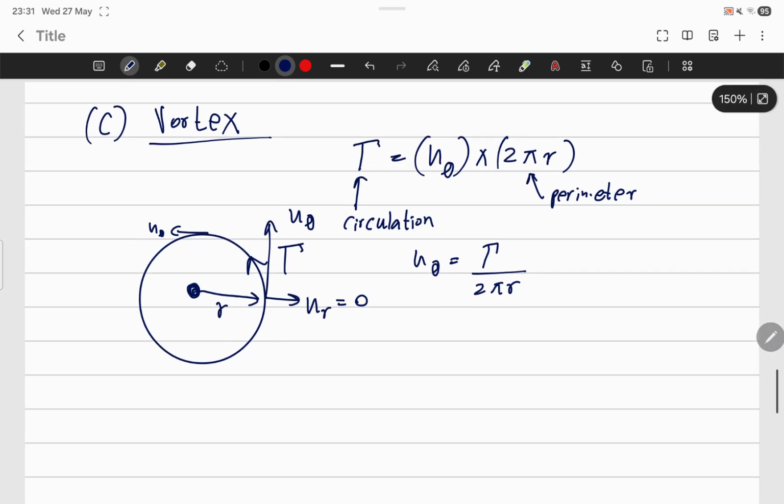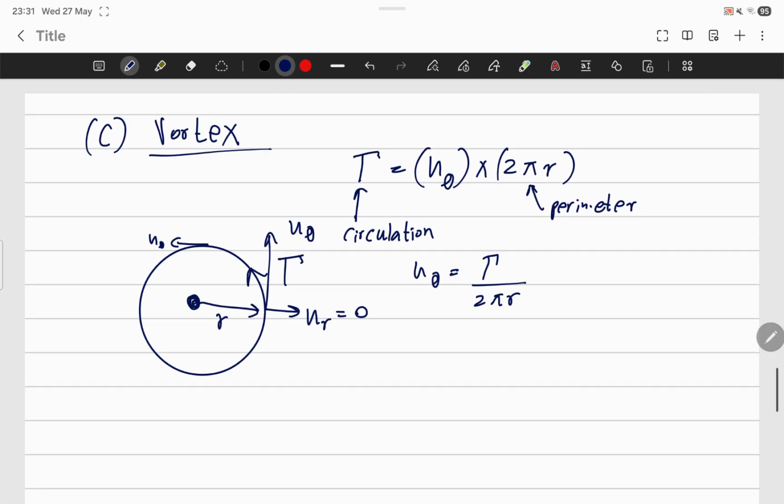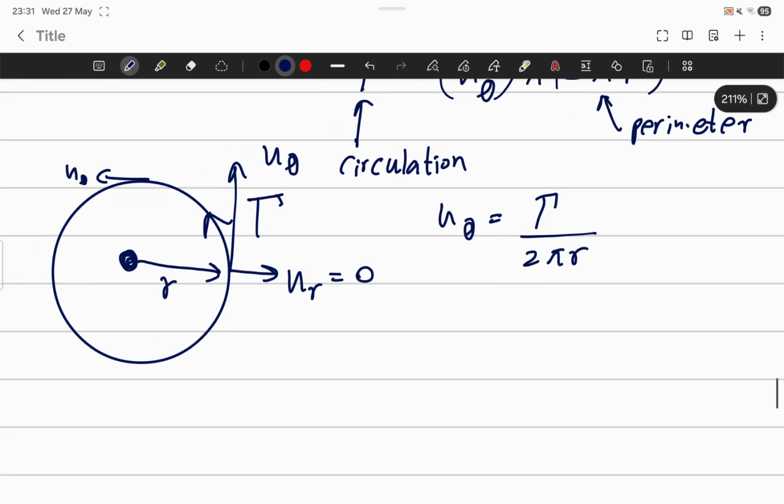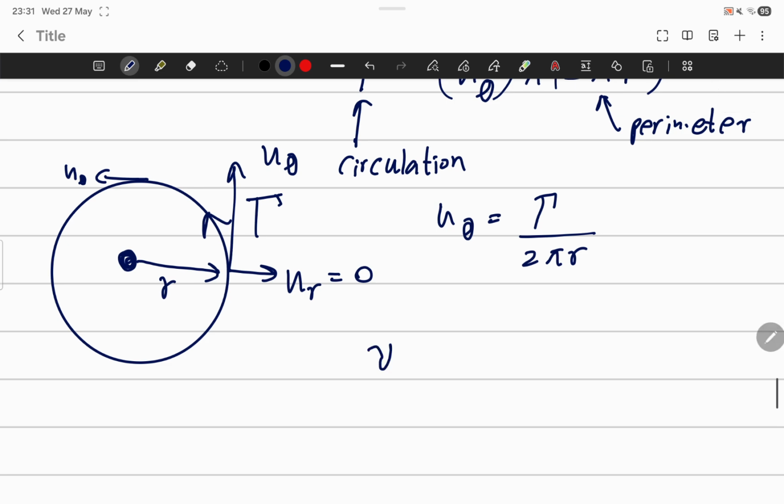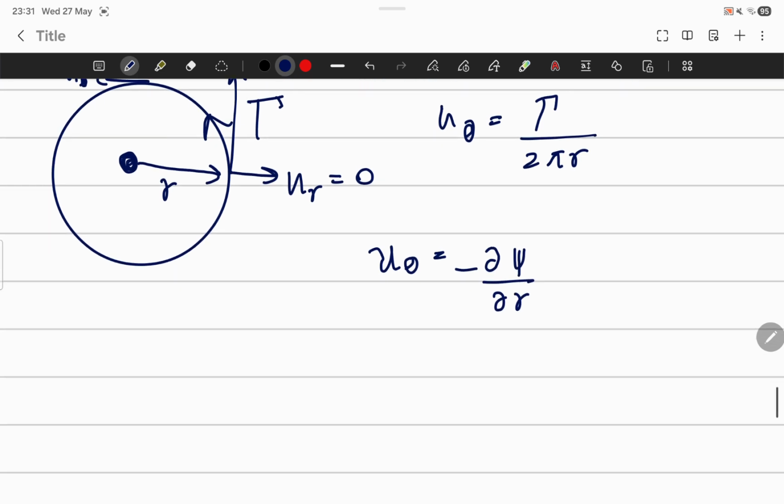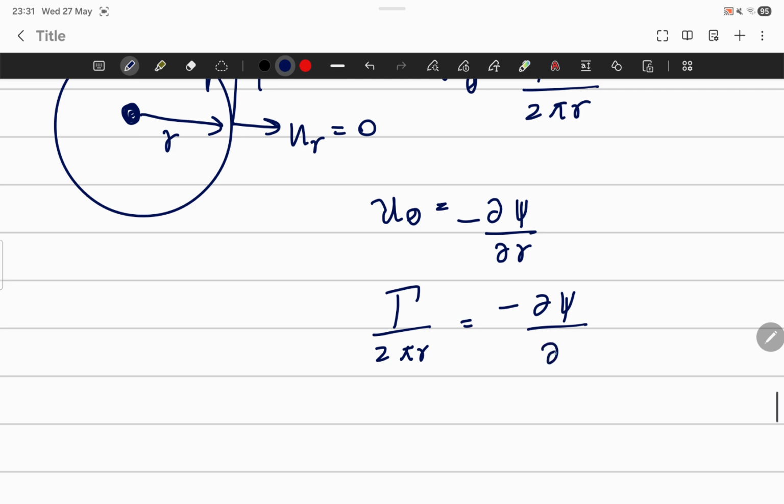Okay, so now I can write the definition u theta equals partial psi over partial r with negative, right? So minus tau over 2 pi r equals minus partial psi over partial r, right?